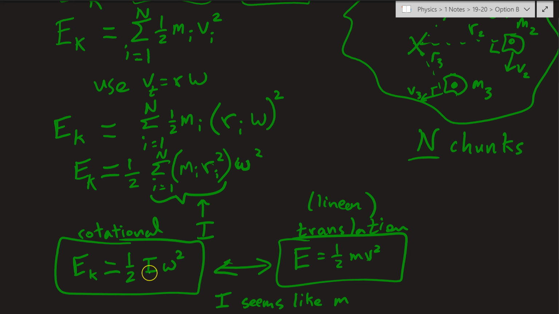And you should think of I as resistance to angular acceleration. So if you're trying to spin something and spin it faster or slow it down from spinning, the thing that resists that is I. Just like if you're trying to push a box across the room, that box's inertia comes from its mass.